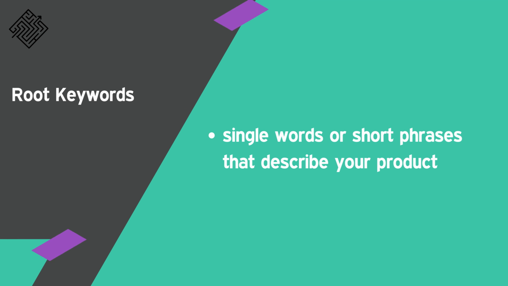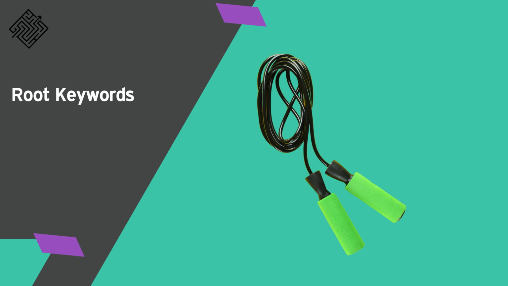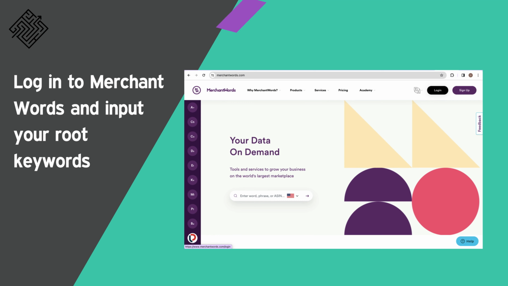What are root keywords? These are terms usually made up of 1 or 2 words that really describe what your product actually is. So for example, if your product is a jump rope for CrossFit, then the root would be jump rope. Now that we have this basic covered, let's head over to the Merchant Words website.